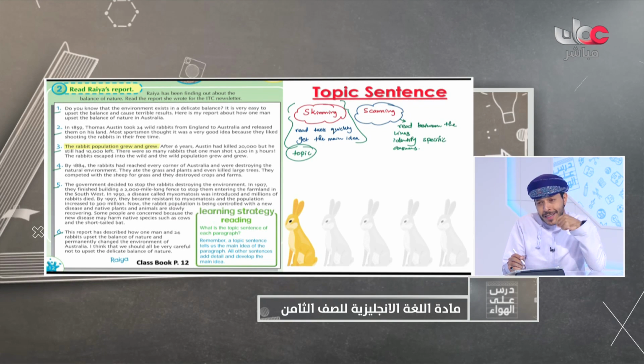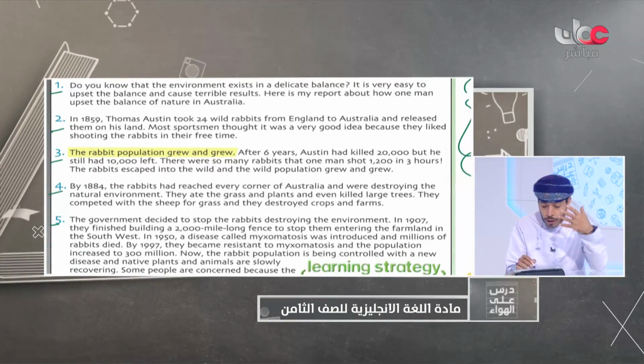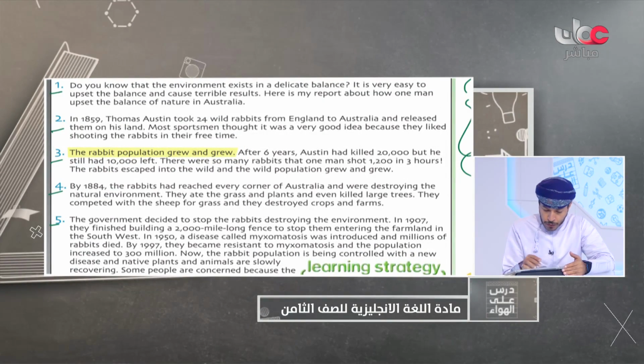Why? Because it tells us about the paragraph. For example, paragraph number 3, and we have already shaded the topic sentence here. Topic sentences usually come in the beginning of each paragraph.